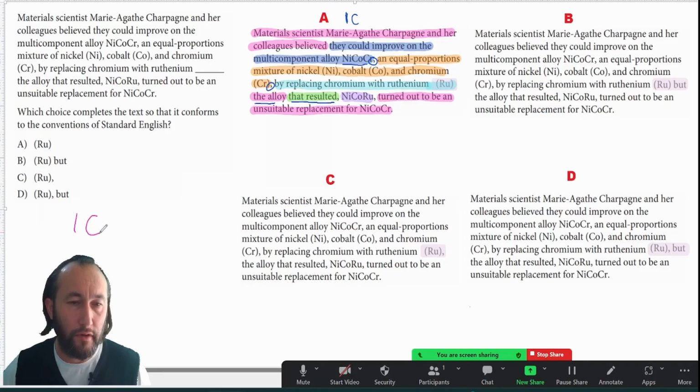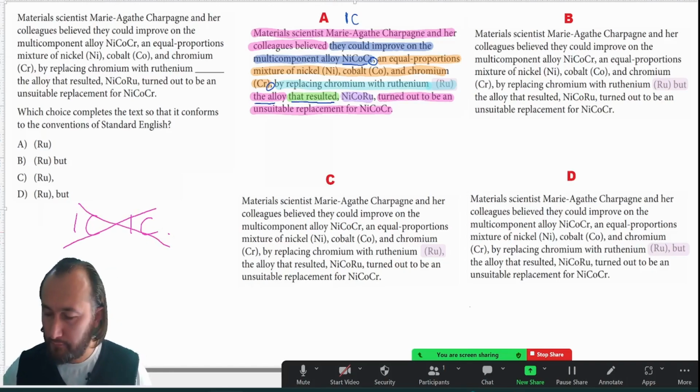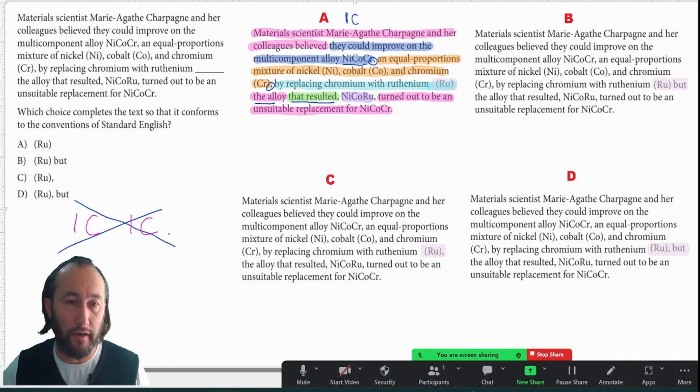Independent clauses, we cannot connect them to an independent clause without any punctuation marks or without any conjunctions. So that is considered wrong. And the name of this mistake, we call it what? We call it a run-on mistake. Independent clauses, we cannot connect them without anything.